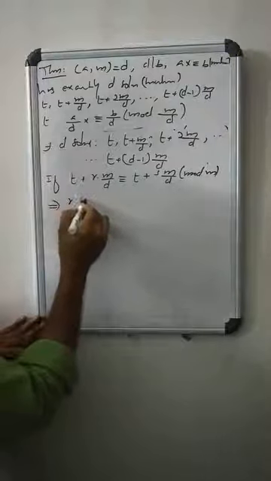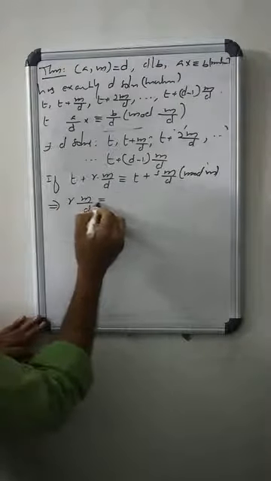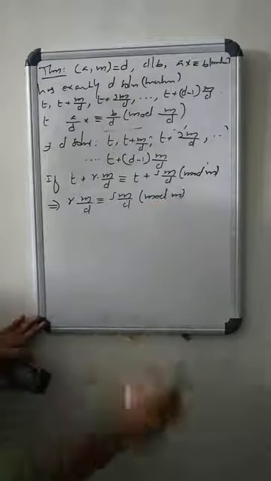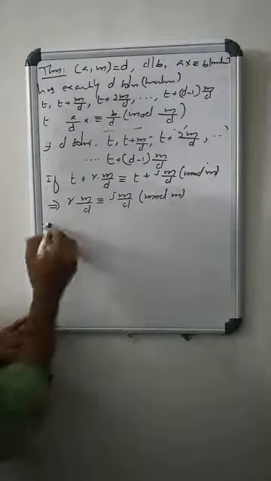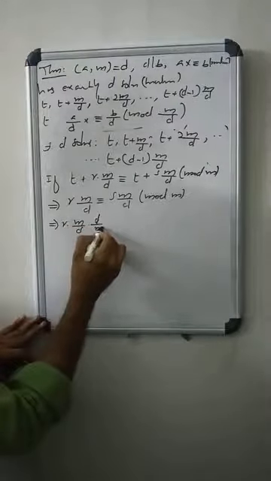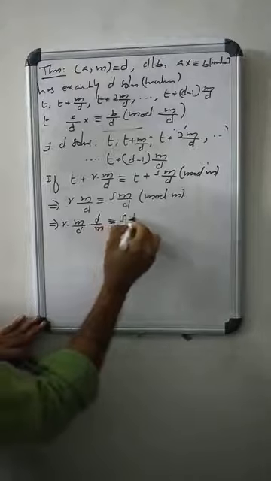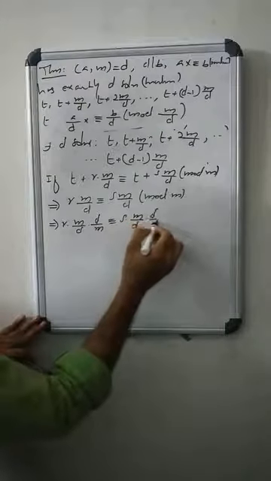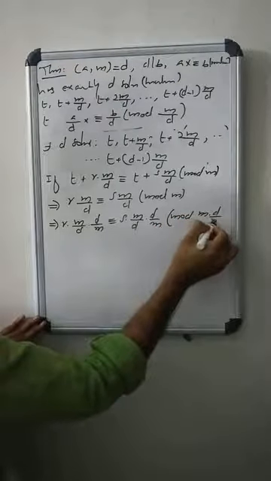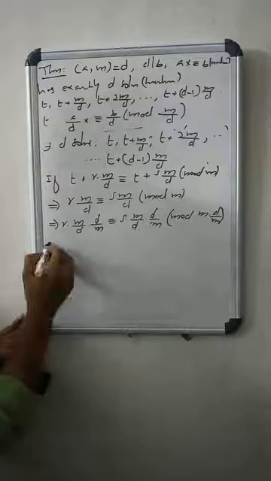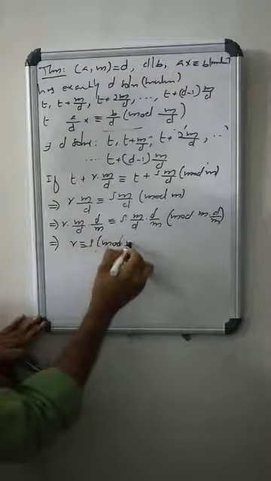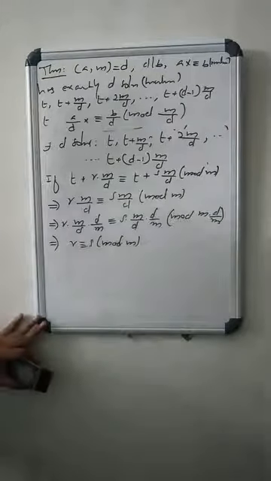That means r m by d is congruent to s m by d mod m. You can multiply throughout by d by m. That means r is congruent to s mod m.